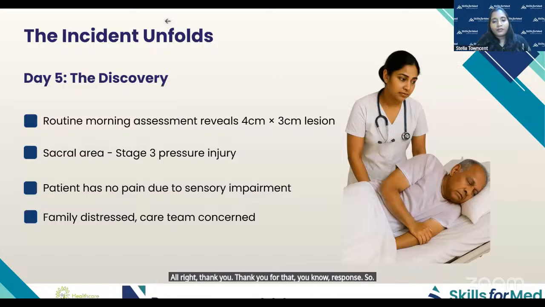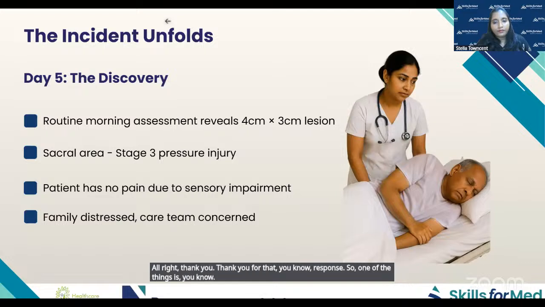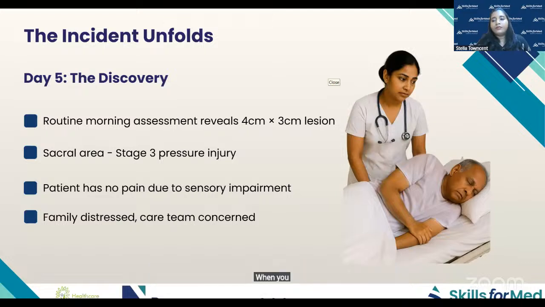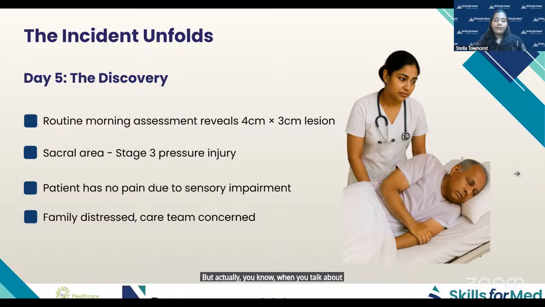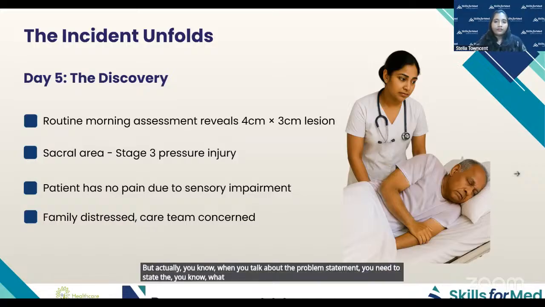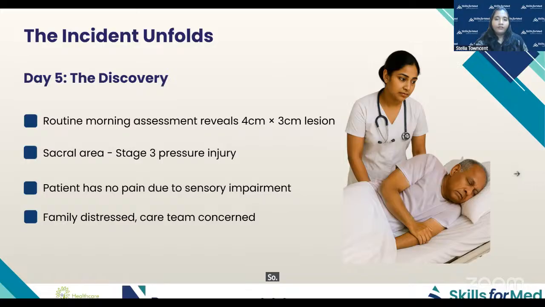So one of the things that is very, very important when you write the problem statement is to write it clearly, because for lack of time I said just write in one sentence, and I think all of you did very well. But actually, when you talk about the problem statement, you need to state clearly what happened. So you need to say, here is a 72-year-old gentleman who had a stage 3 pressure injury.